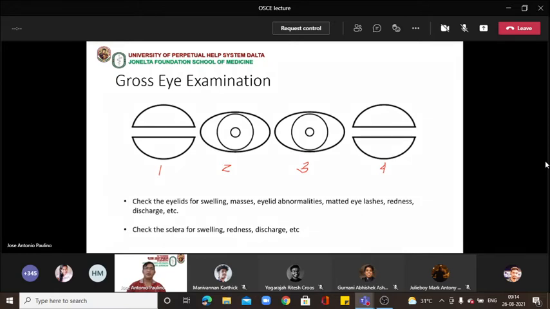If we complete this, this is where the eyelashes are, this is where the globe is, because that is turned upside down or outward in. This is where the eyebrows are supposed to be, and this is where the eyelashes are again.